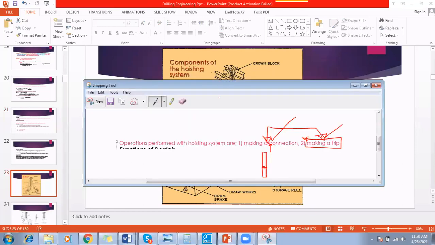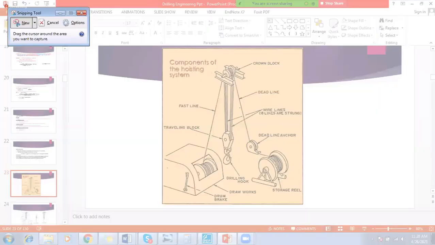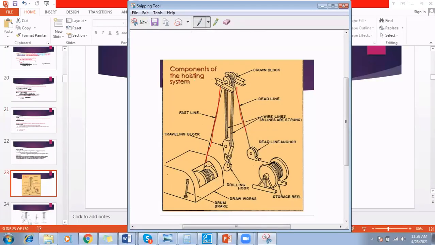So if this is the derrick, this is the simple image of this hoisting system, and here you can see that there is a pulley at the top of the derrick. This is actually the crown block. Okay, and there is a component here. This is the traveling block.